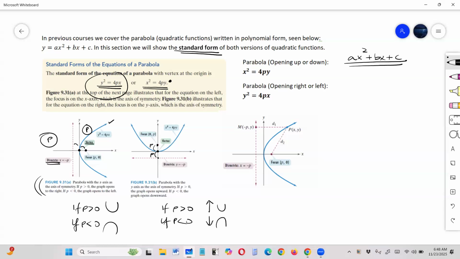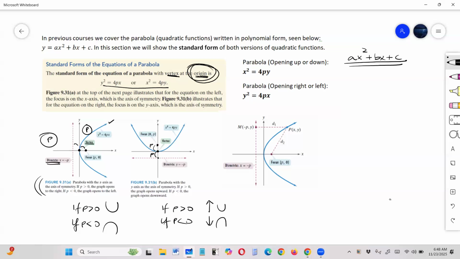Now, these two equations that you're seeing right here, on the left, are all positioned at the origin. The vertex is at the origin. In the next video, we'll consider parabolas not centered at the origin. They're translated to some other location. But for now, we're only looking at the origin.